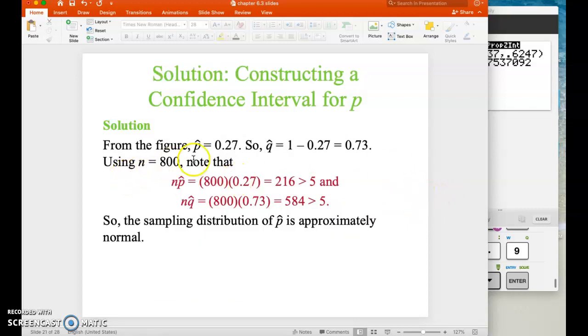Okay, so from the figure, p hat equals 0.27. So q hat equals 1 minus 0.27 equals 0.73. Using n equals 800, we can multiply 800 times 0.27 and 800 by 0.73 to get values that are greater than 5 to verify that the sampling distribution of p hat is approximately normal.